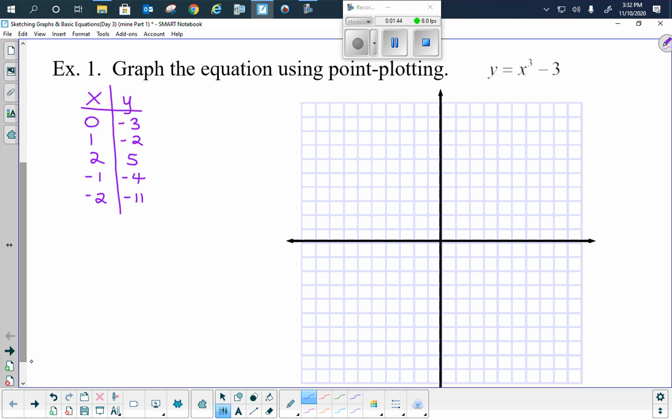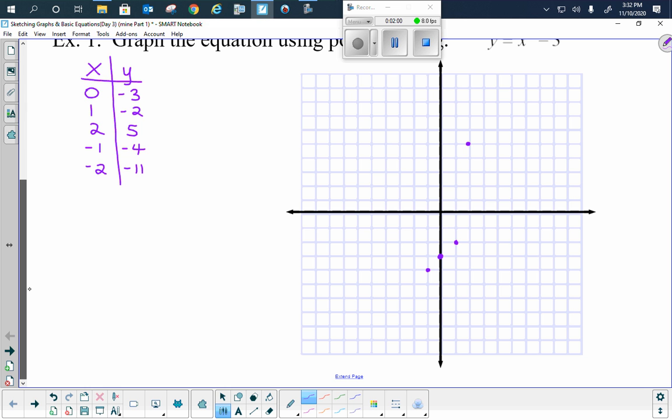Anyway, plot 0, -3, 1, -2, 2, 5, -1, -4, and -2, -11, which I know mine's 10 by 10, so -11 would be down here. While I'm graphing with you today, I'll probably turn the video off just to make it a little bit shorter.